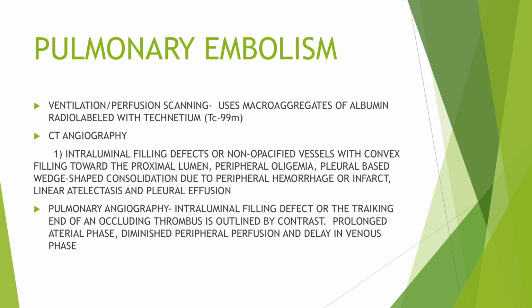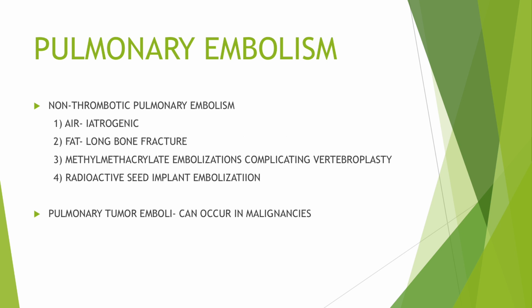Pulmonary angiography will show intraluminal filling defect or the trailing end of an occluding thrombus outlined by contrast. There could also be prolonged arterial phase, diminished peripheral perfusion, and delay in venous phase.